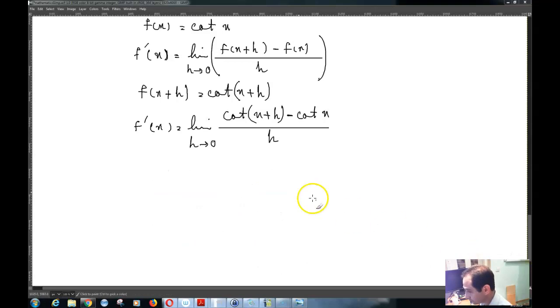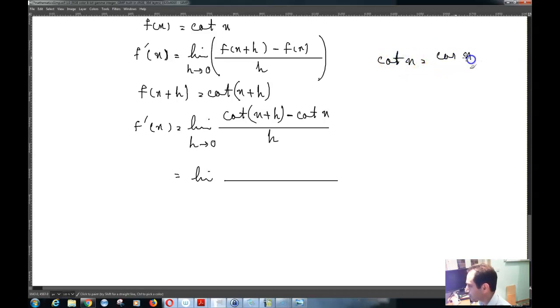then we need to express cot in terms of cos and sine. Now I can write this as the limit of, you know that cot x is equal to cos x divided by sin x.